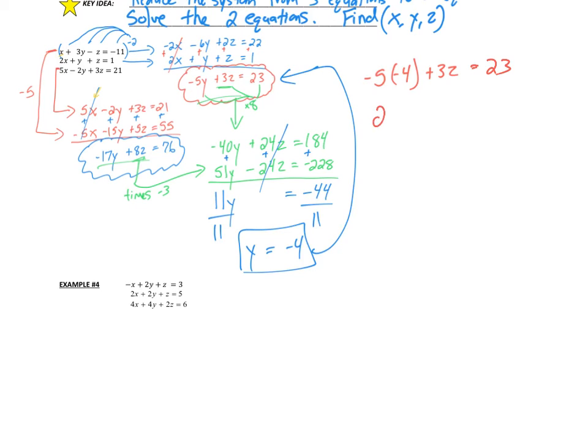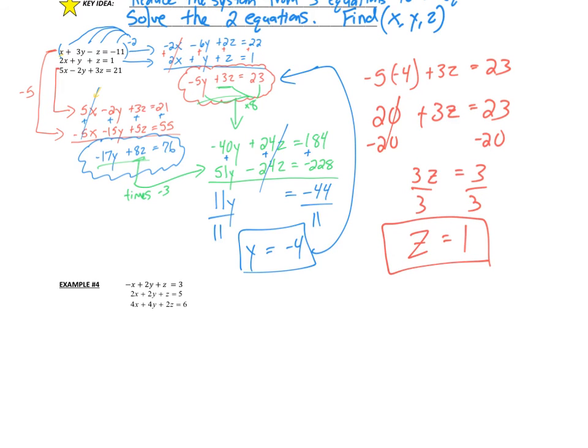So it would be positive 20 plus 3z equals 23. This is a z, by the way. So let's solve. 3z equals 3. What is z going to equal? 1. Now you have y and you have z.